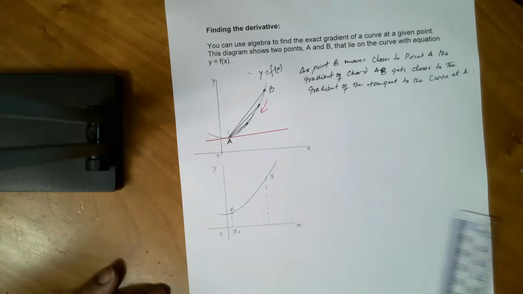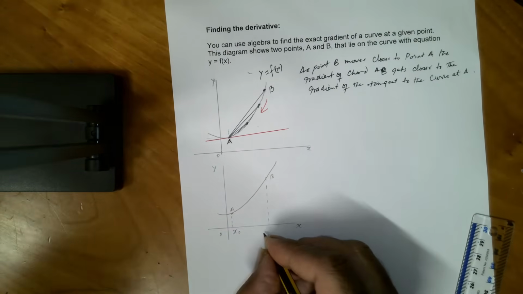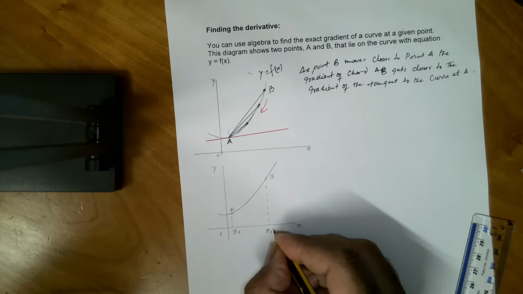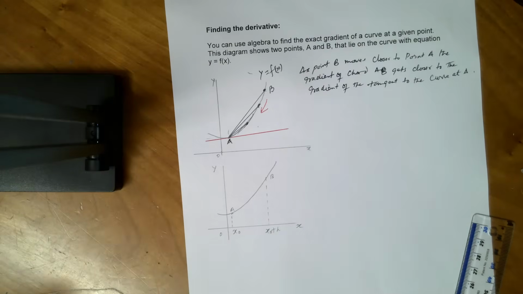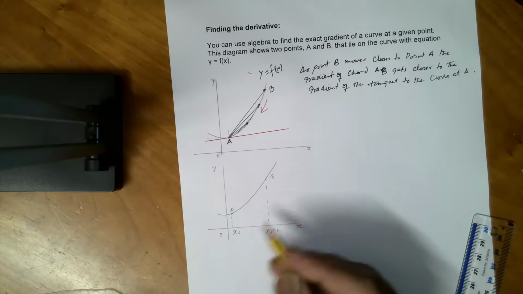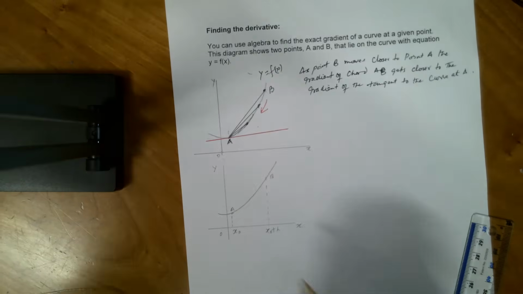Let me label everything, then I will explain. So this is your x0 and then x0 plus h.